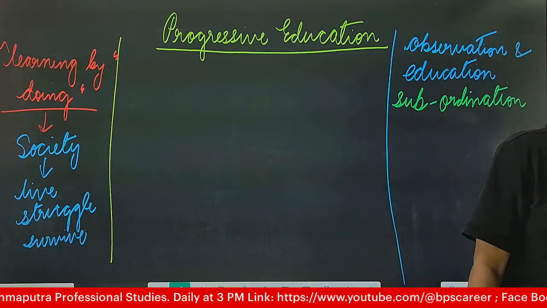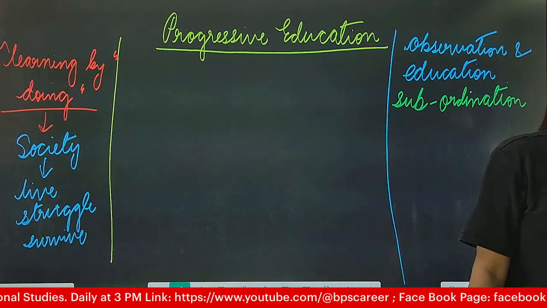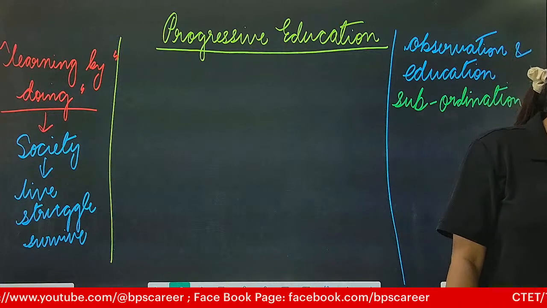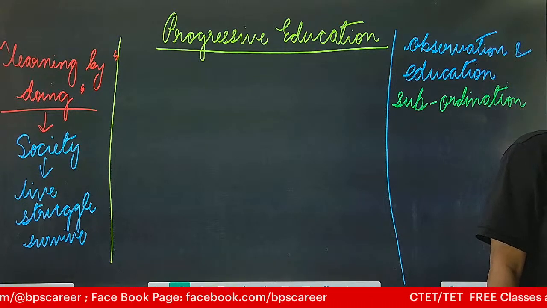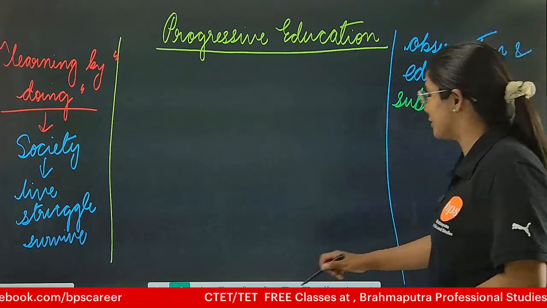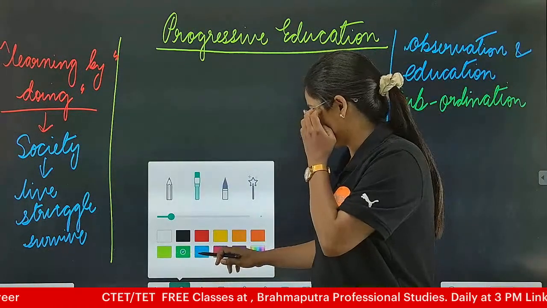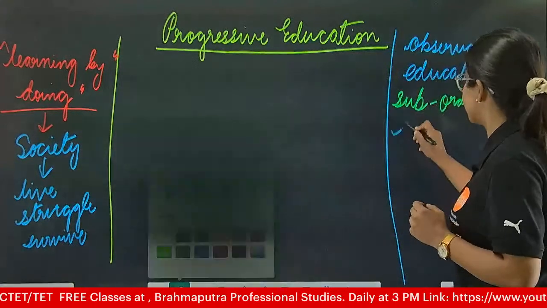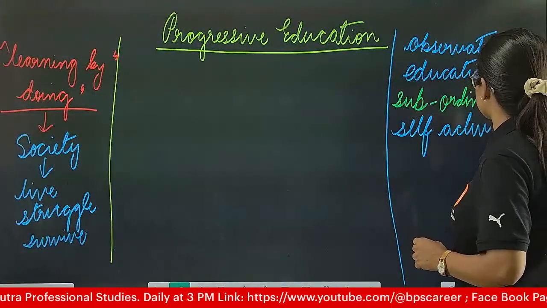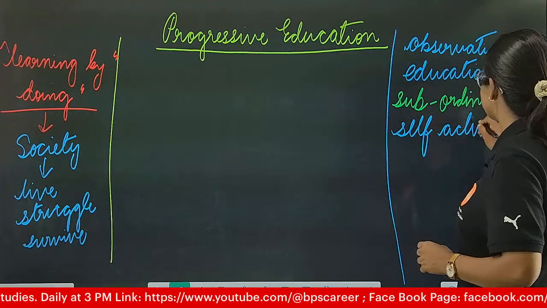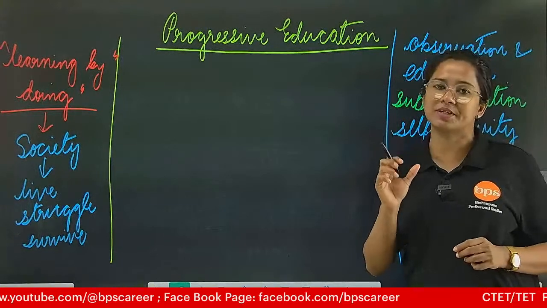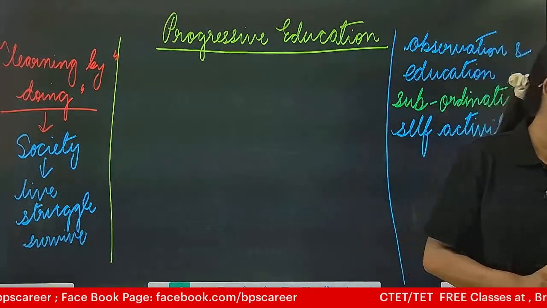Next, we have the concept of Froebel, and who gave the concept of kindergarten? It was Froebel who gave the concept of kindergarten, and he emphasized self-activity. So self-activity is very important in relation to education, which is going to be a progressive education system.